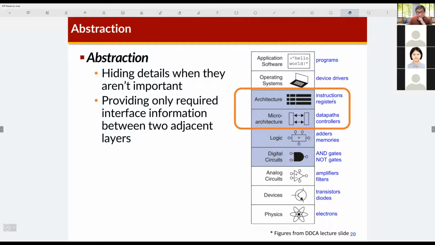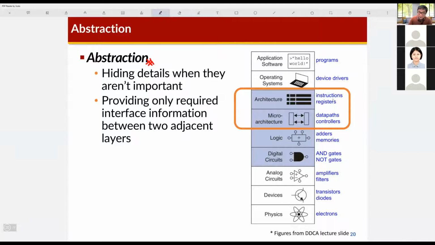I think this digital logic design course actually used a different book, but when I taught digital logic design, I used this book, Digital Design and Computer Architecture. The first chapter of the DDCA book is about the abstraction of computer systems.